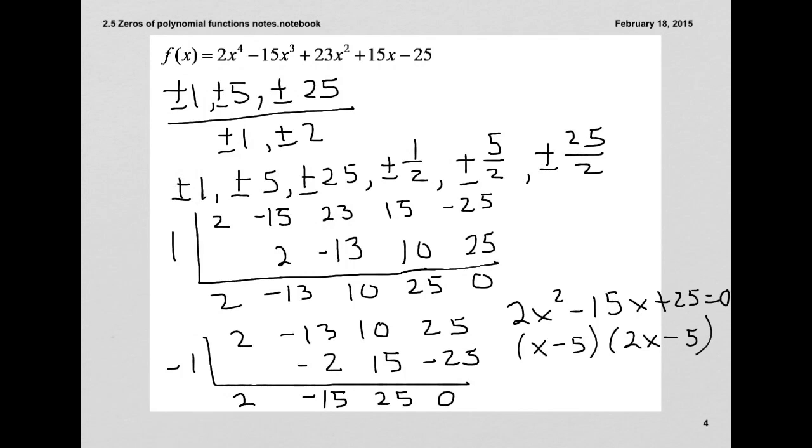Okay, that gives us the two roots of positive 5 and positive 5/2. So that tells us that our roots are, let's start with the negative, negative 1, 1, 5/2, and 5. 3 positive, 1 negative.